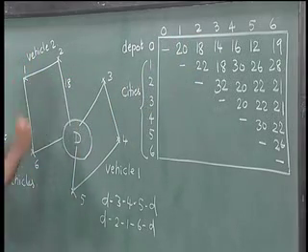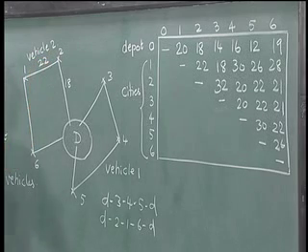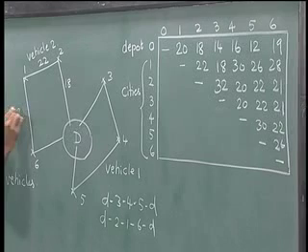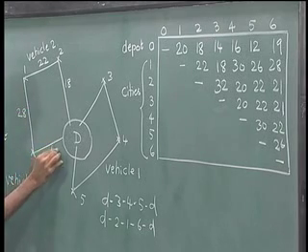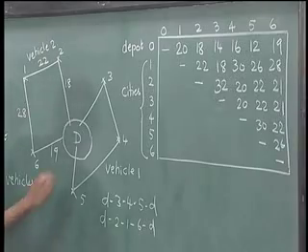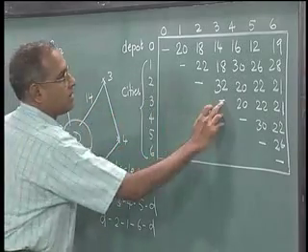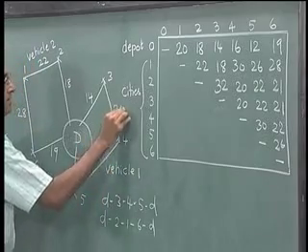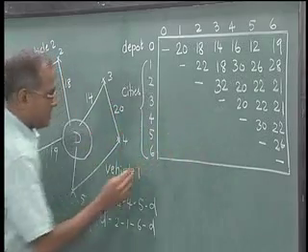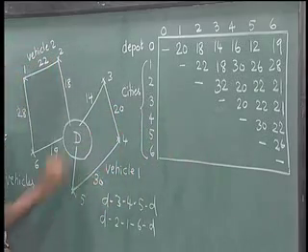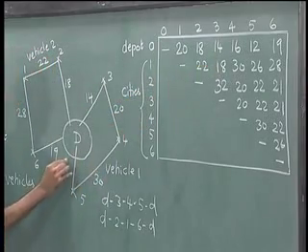Now, 1 to 2 is 22, 1 to 6 is 28, 6 to D is 19, D to 3 is 14, 3 to 4 is 20, 4 to 5 is 30, 5 to D is 12.